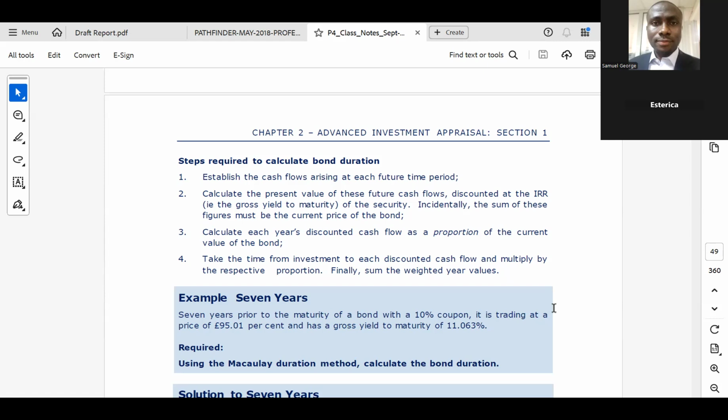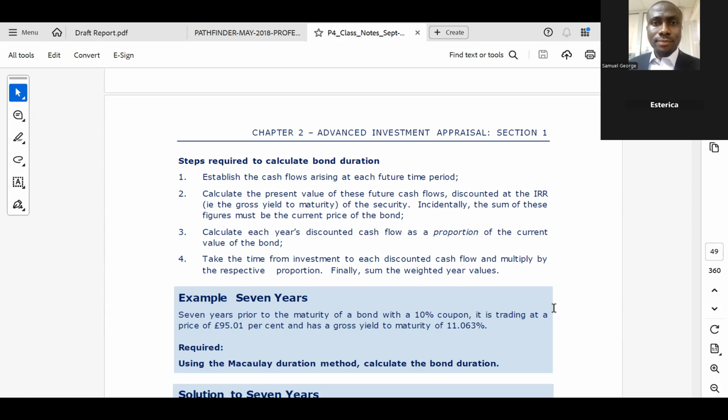Step three says calculate each year's discounted cash flow as a proportion of the value of the bond. For bond A, for example, what is the market value of bond A? 1054.